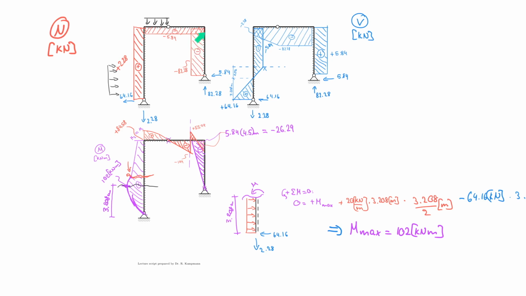So you see, whatever is vertical here carries over to the shear force in the top member. And the same is true here. 5.84 at this corner for the vertical member is reflected here in the horizontal member. 2.28 is reflected right here. And so that's a way you can check your logic there.